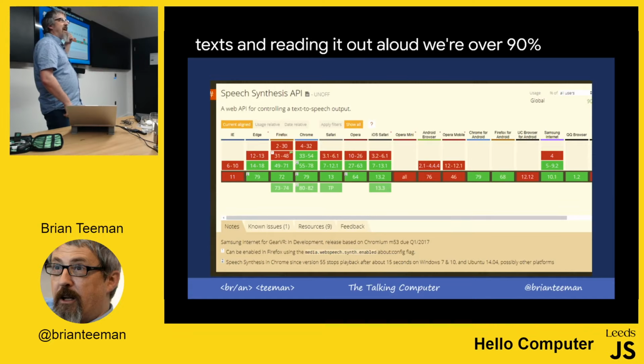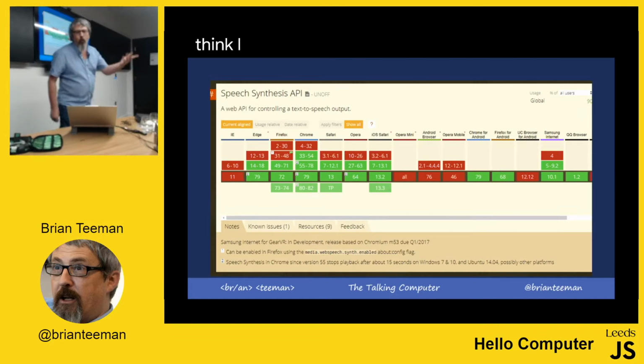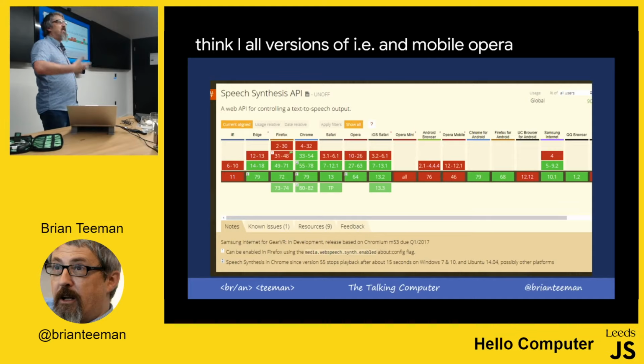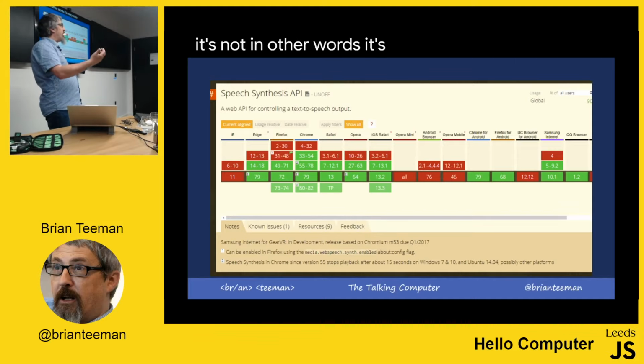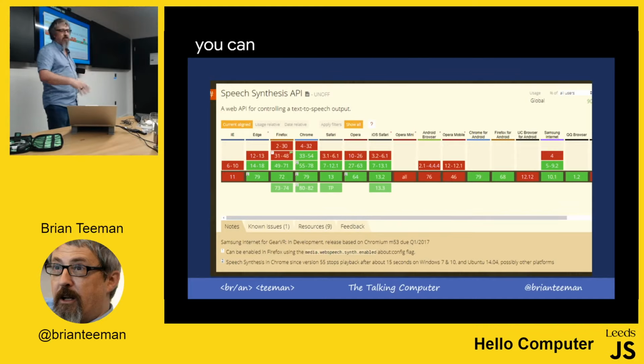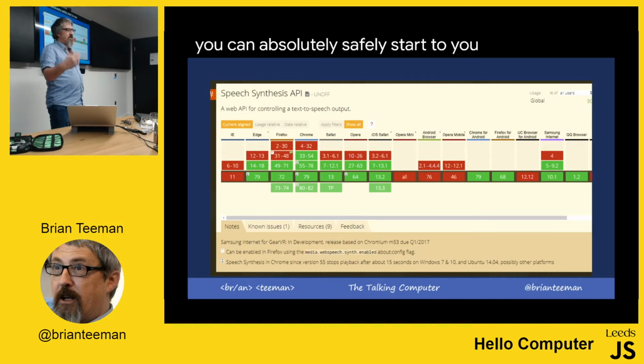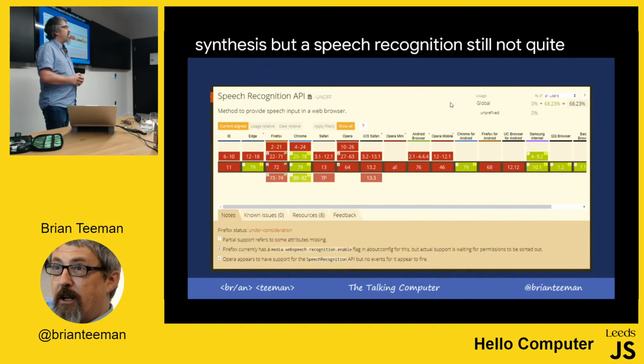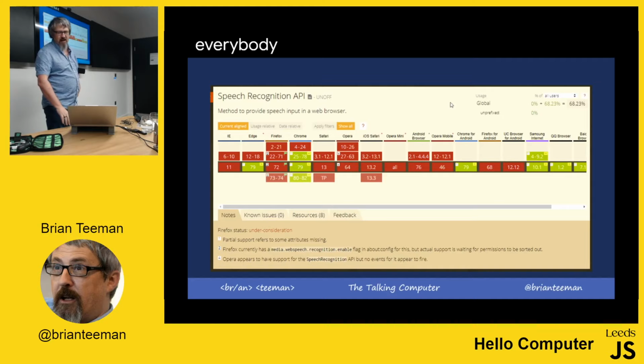I think it's all versions of IE and mobile Opera. In other words, it's everywhere. So you can absolutely safely start to use speech synthesis, but speech recognition is still not quite everybody, though it's certainly getting there at 68%.